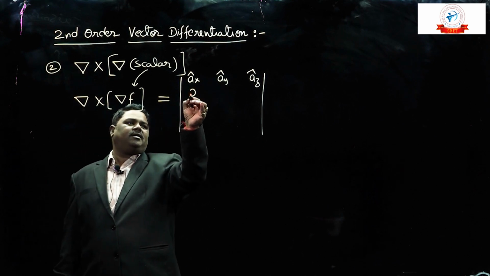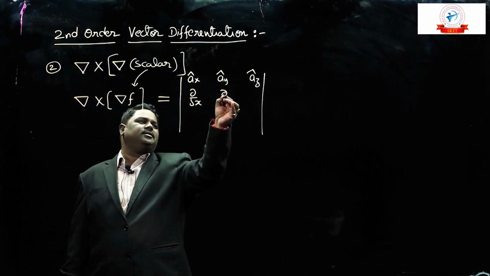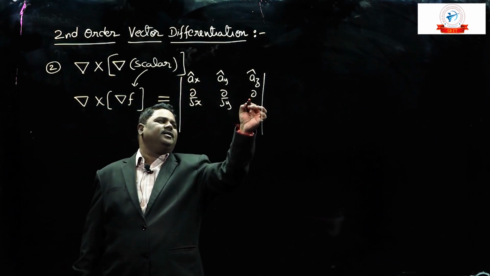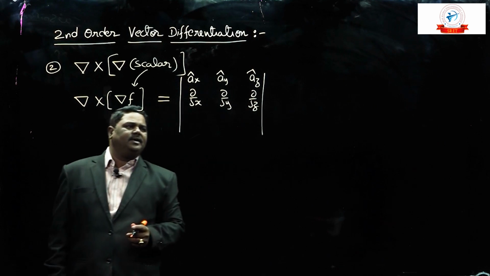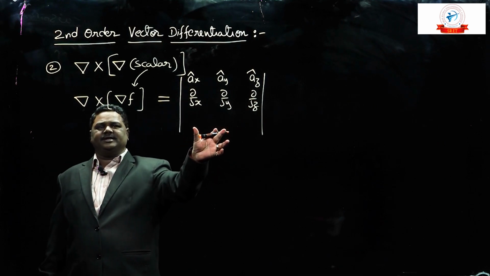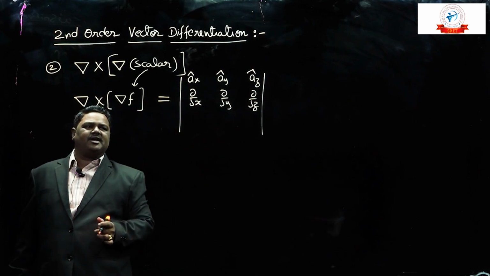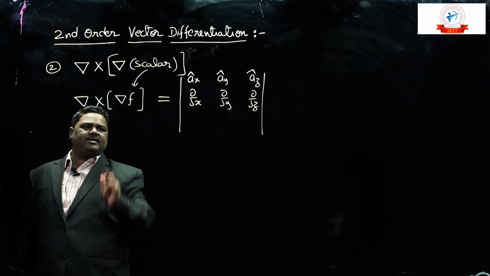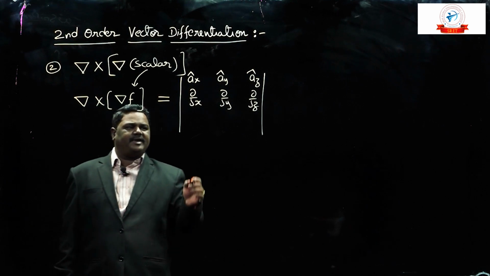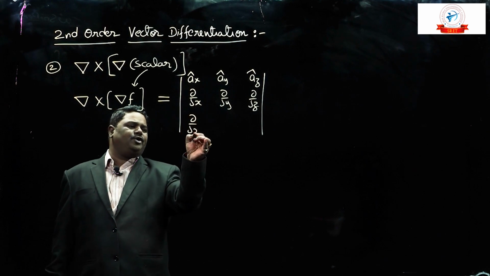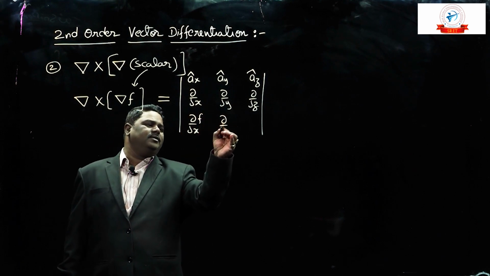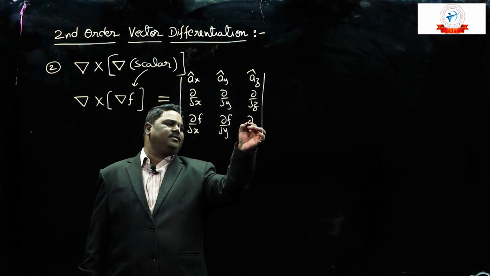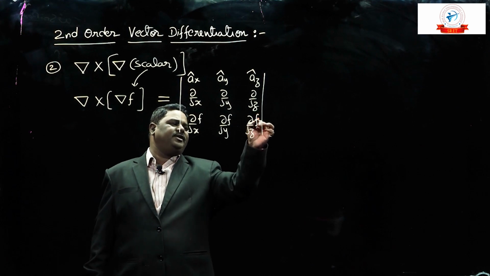Components of del are dou by dou x, dou by dou y and dou by dou z. The third row of this determinant is the components of the second vector in the cross product. What is the second vector? Gradient of f. The components of gradient f are dou by dou x of f, dou by dou y of f and dou by dou z of f.